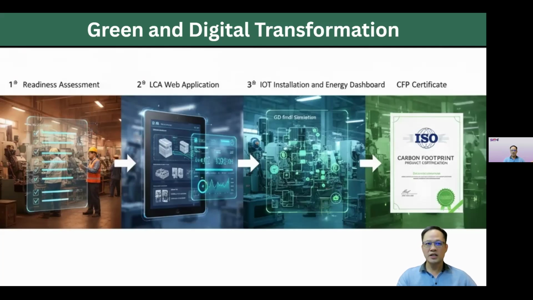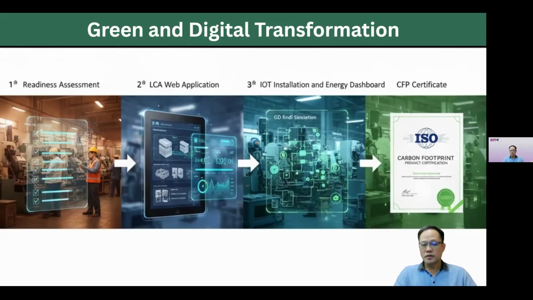Then we can start bringing the LCA system into the company. We collect the data, including the bill of materials and bill of process. We need some of the floor plan, the electricity data, and all the details to be able to estimate the carbon footprint.